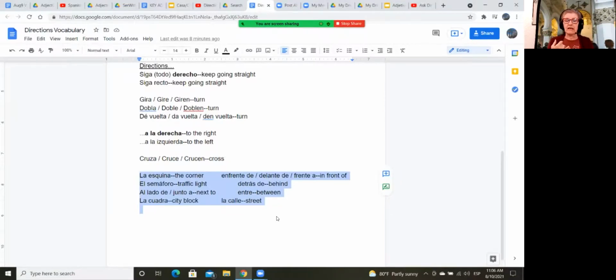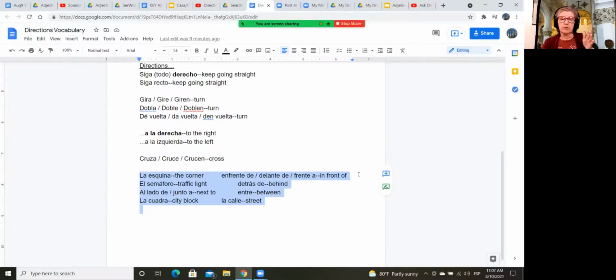La esquina is a street corner. El semáforo is a traffic light. Al lado de or junto a means next to. Al lado is a side. Al lado de, on the side of. So that means next to. La cuadra means a city block.